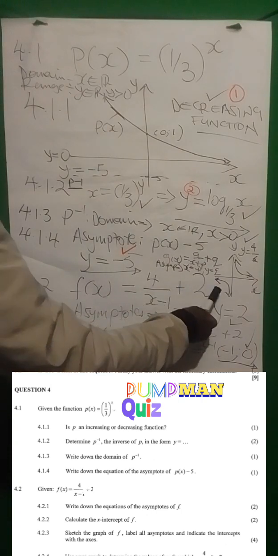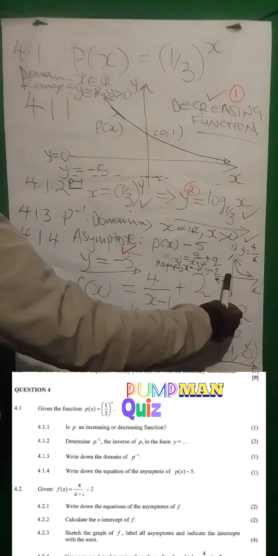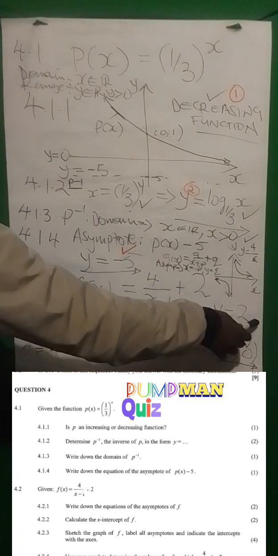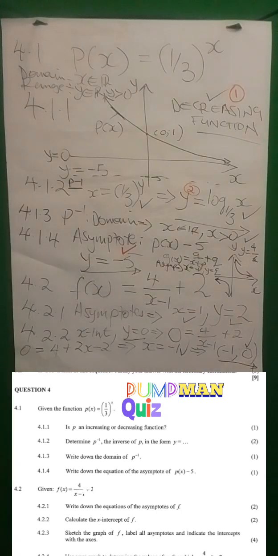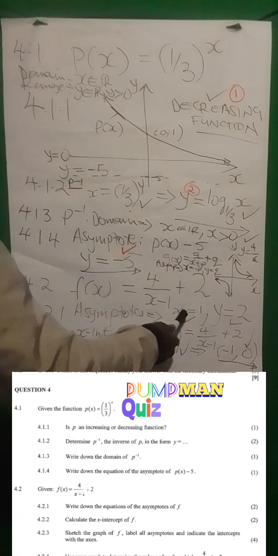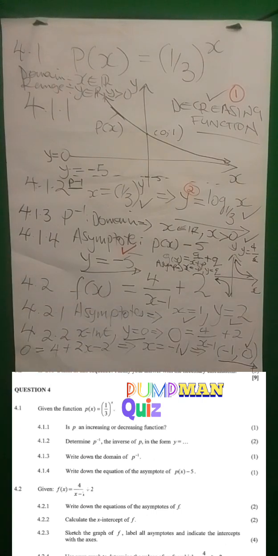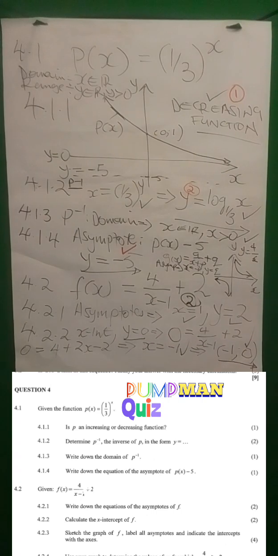It is going to move with the graph from the line y is equal to 0 to the line y is equal to 2, right? No wonder I'm saying my horizontal asymptote is the line y is equal to 2. So my asymptotes, x is equal to 1, y is equal to 2. Those are the equations, and you get your 2 marks like that. Now we are asked to determine the x-intercept. What do we know?